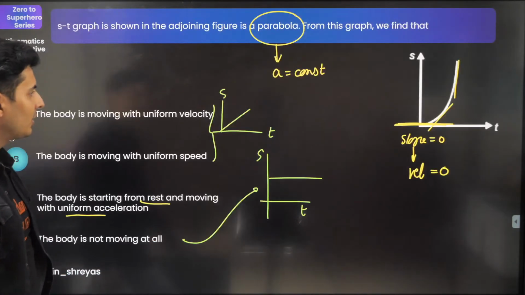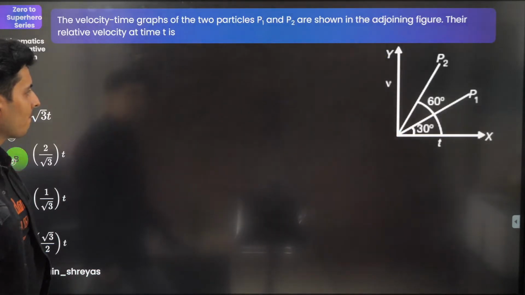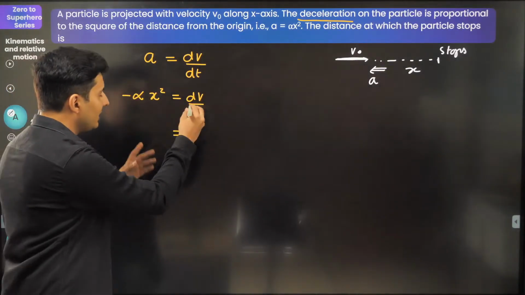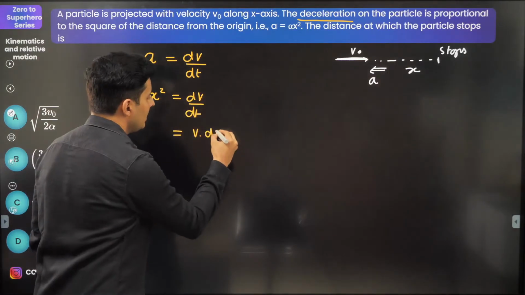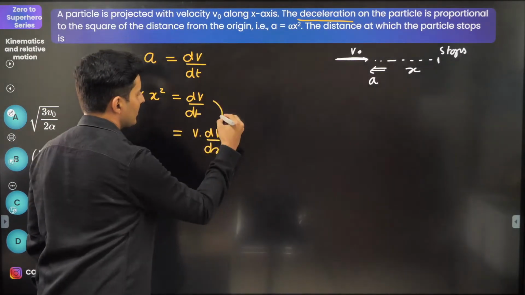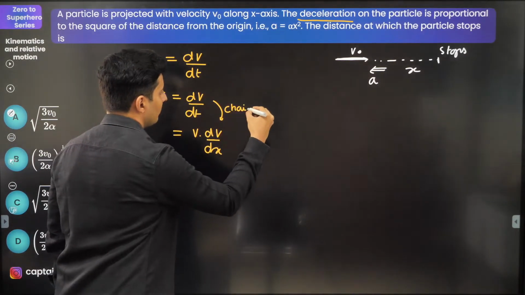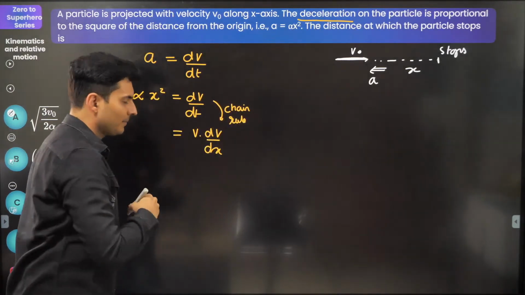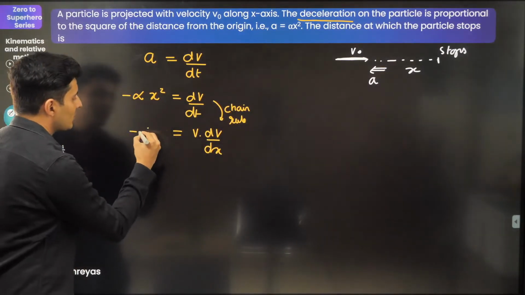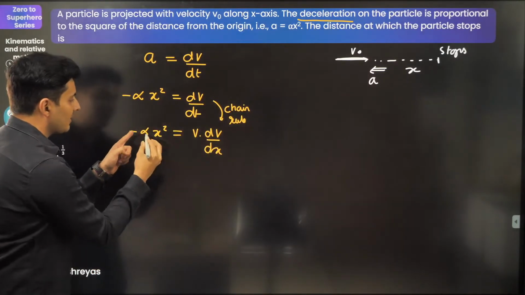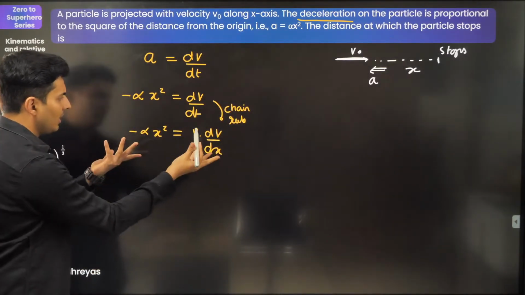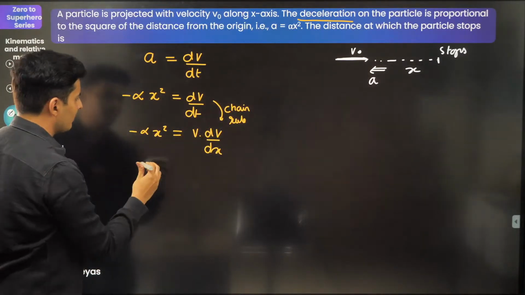So how about using that over here? I don't like dv by dt, so I'll use v dv by dx. This is using your chain rule, of course. Now I feel I can do something with it. Bring this dx here, and bring that alpha over there.